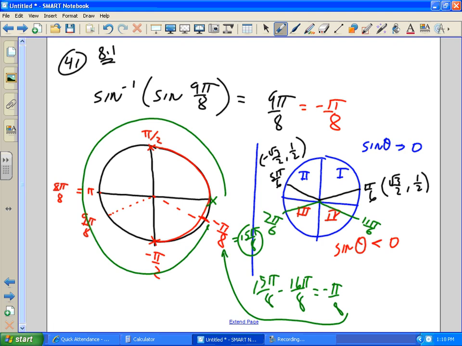So the idea is that you can't talk about the angles in quadrants 2 and 3. So you need to find their angles over in quadrants 1 or 4 that are the same. 15 pi over 8 does work, but it's not between negative pi over 2 and pi over 2. So what's another name for 15 pi over 8? Negative pi over 8. And so those are not that easy, but they're not overly difficult.